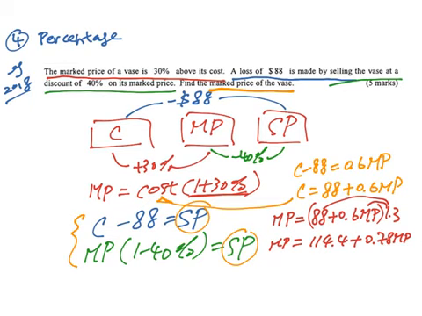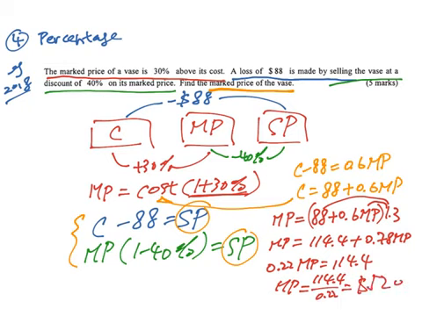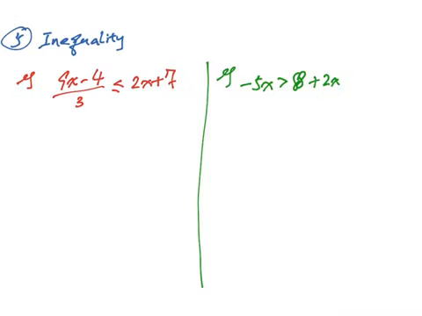That means 1 mark price minus 0.78 mark price becomes 0.22 mark price equal to 114.4. Finally, divide. So the answer is equal to 552.